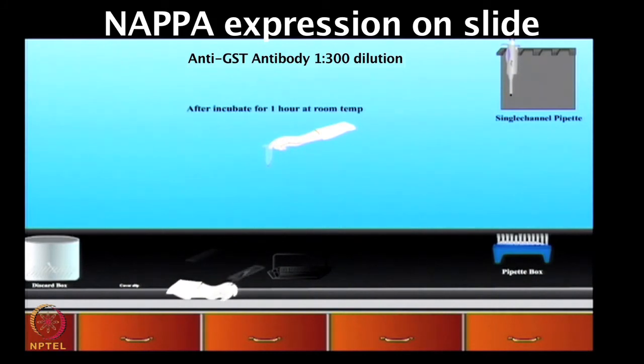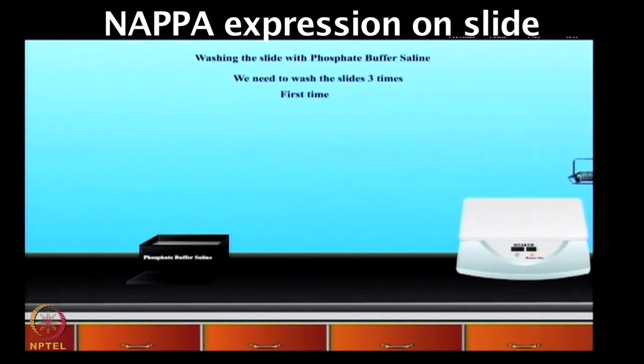Now, place the cover slip so that liquid is uniformly placed, and then we need to perform the washing steps after an hour. Proper washing is very important for all the microarray experiments.